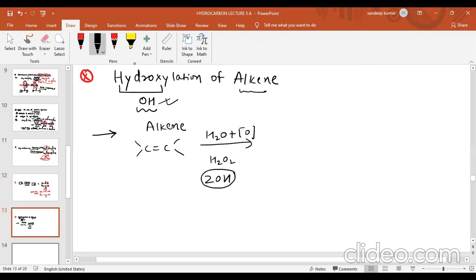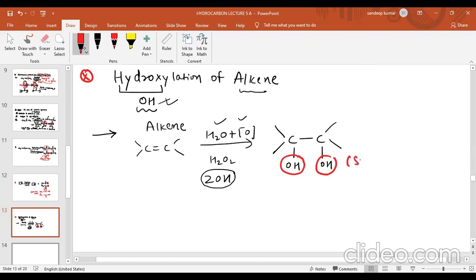Now, the pi bond will be removed, and on each carbon atom an OH group will be added. As we can see, the two OH groups in this case are added from the same side. If two OH groups are added from the same side, then we call it syn addition. Syn means both groups are from the same side of the plane.